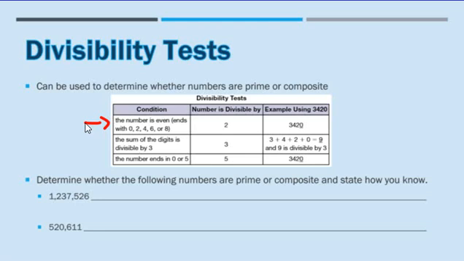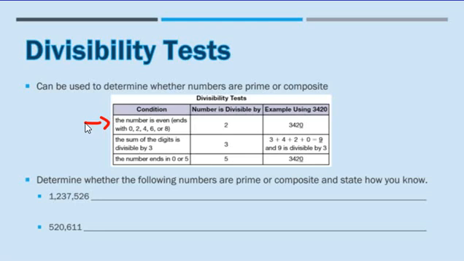So if it is an even number, you know a prime factor would be 2. If the sum of the digits is divisible by 3, then the number is divisible by 3. So 3 is also a prime number, so that's another way you can determine if 3 is a prime factor. And the same thing with 5: the number ends in 0 or 5.